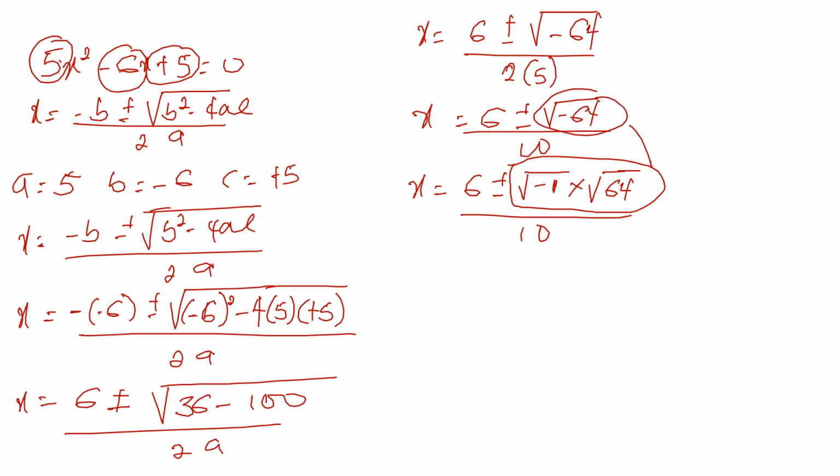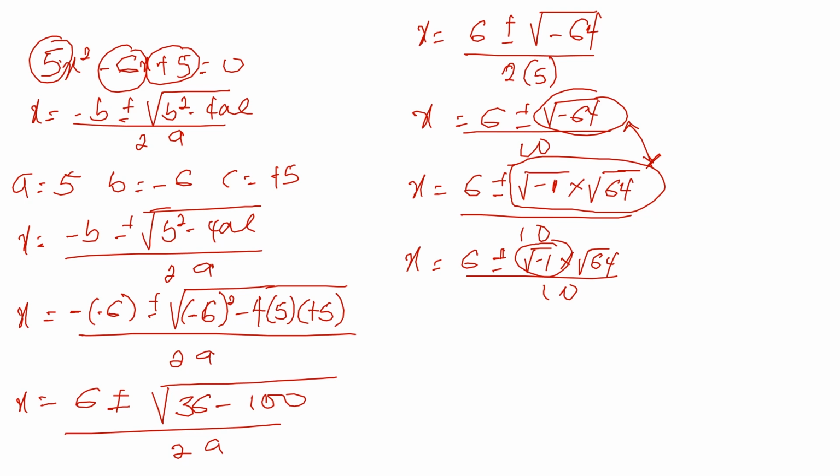They are the same thing. So x will now be 6 plus or minus square root of minus 1 times square root of 64 over 10. Now this expression, square root of minus 1, is what we call an imaginary number.